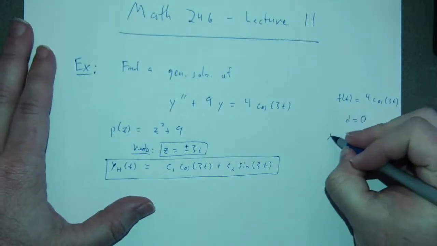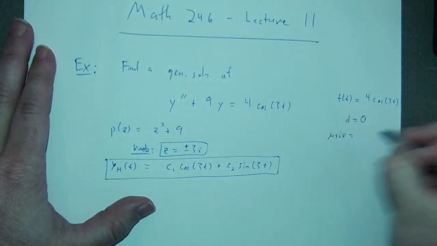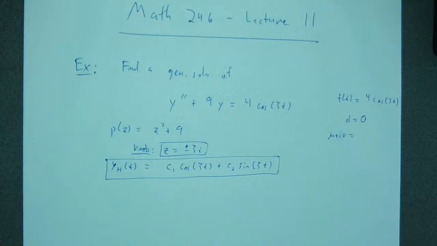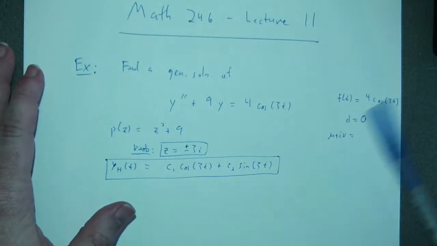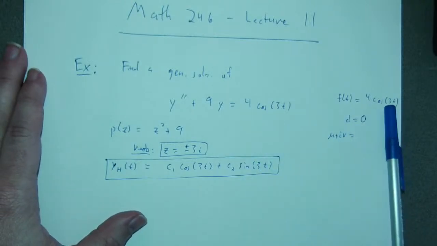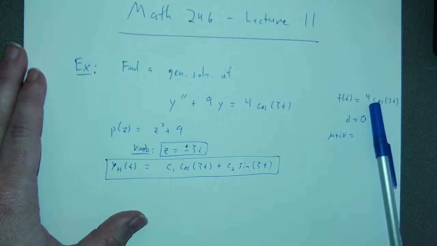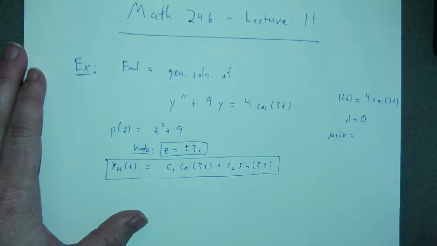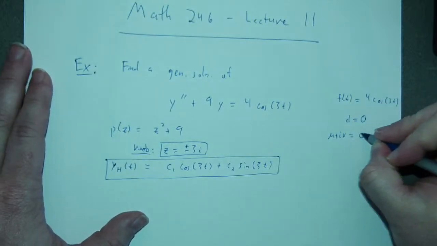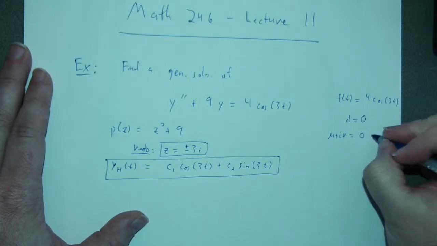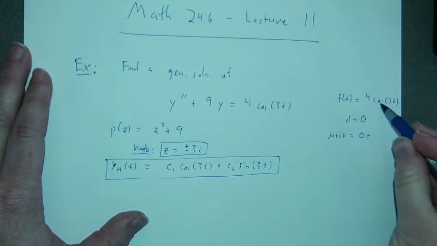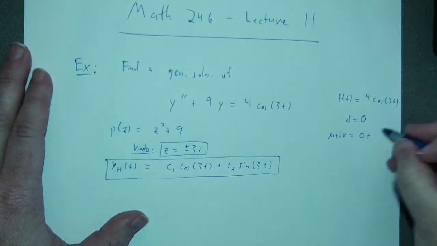What is the characteristic of this? Well, this right-hand side doesn't have an e to the anything showing up, so the real part must be 0, plus i times 3.